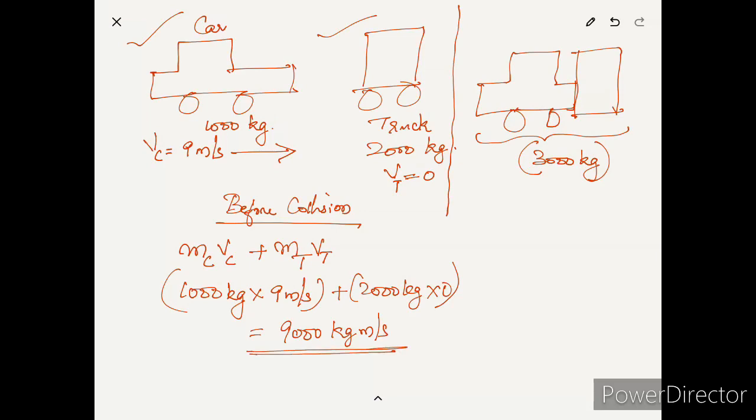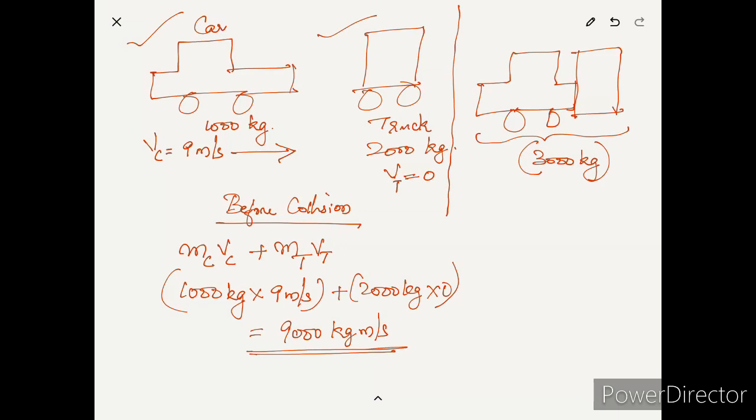Now we know that if no external force is acting on a system, the total linear momentum will remain constant. So in this case, this car collides with the truck and they together form a single entity, a car truck combined entity. In this case, no external force acted on this system.